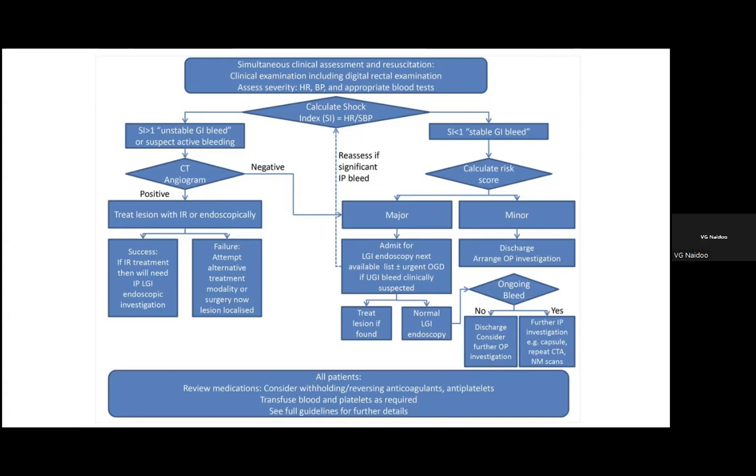We have been in that situation rarely, and our surgeons are happy to scope the unstable individual on the operating table. When I say unstable, it means someone who's having ongoing hemorrhaging and you really aren't able to shift them.